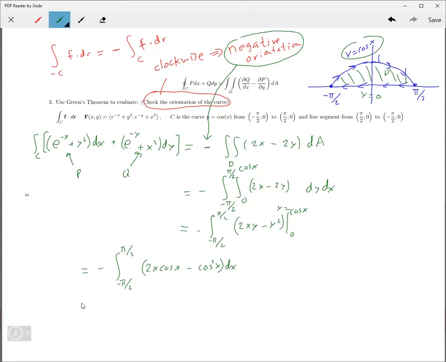That's plugging all that in. Now antiderivatives: this one is 2x sine x plus 2 cosine x. You take the derivative of that, you get that. And this one is 1/2 x plus 1/4 sine of 2x.